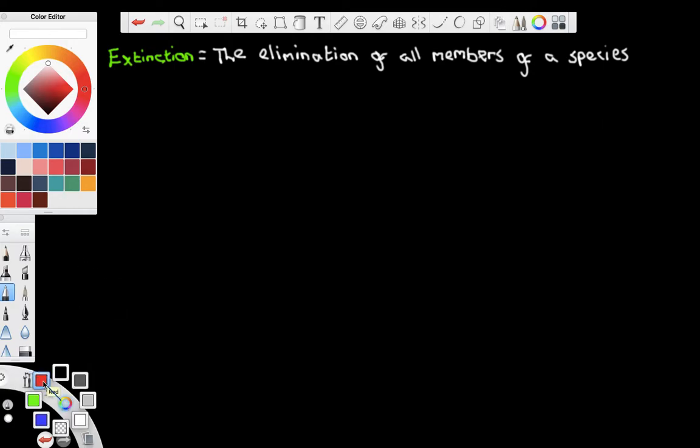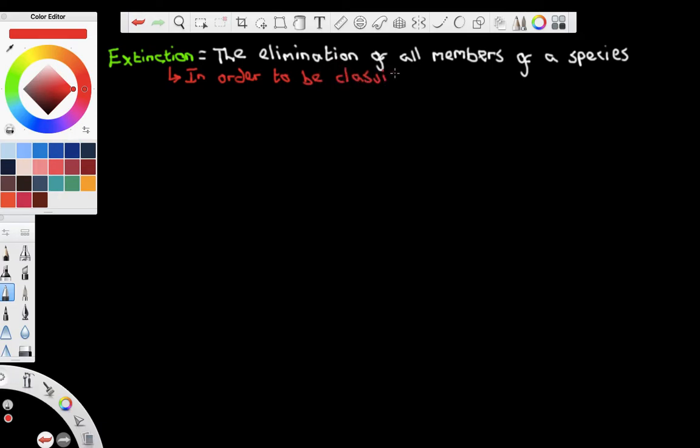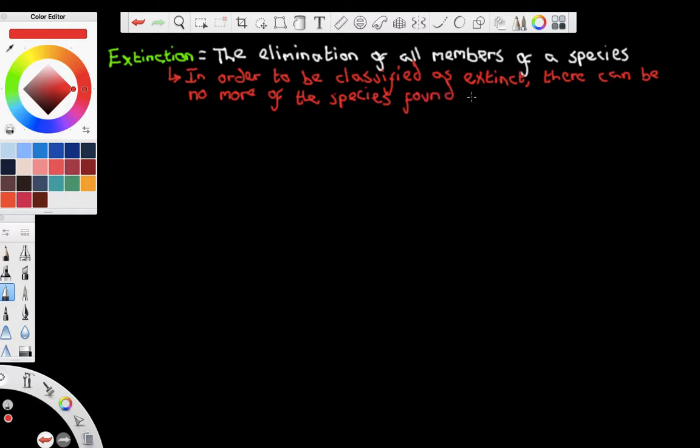Okay? So we can put in red underneath that, in order to be classified as extinct, there can be no more of the species found anywhere in the world.